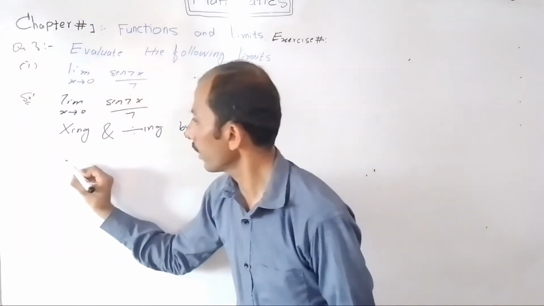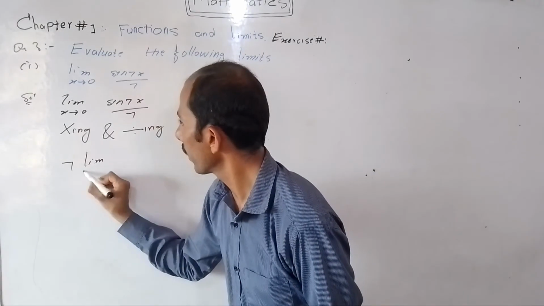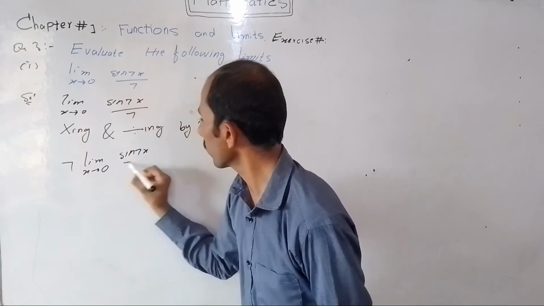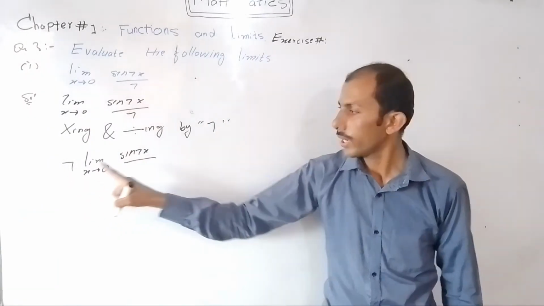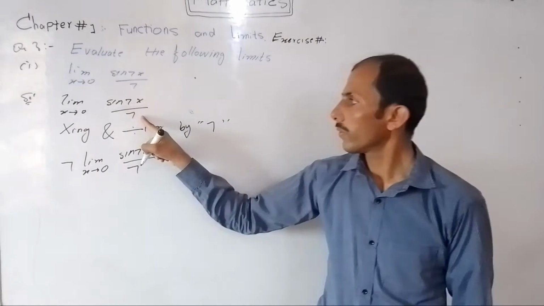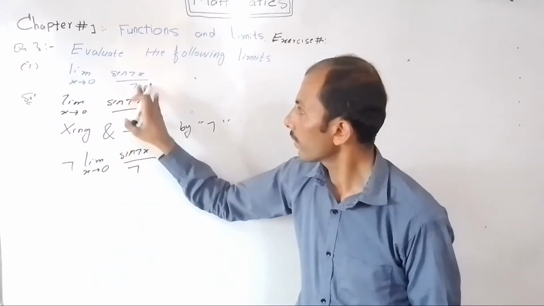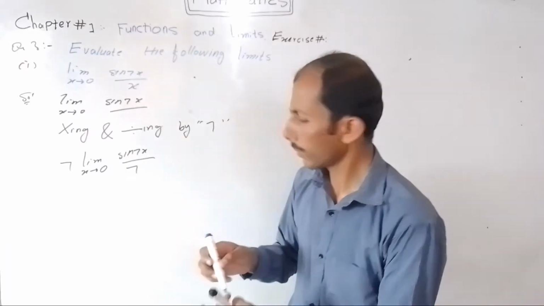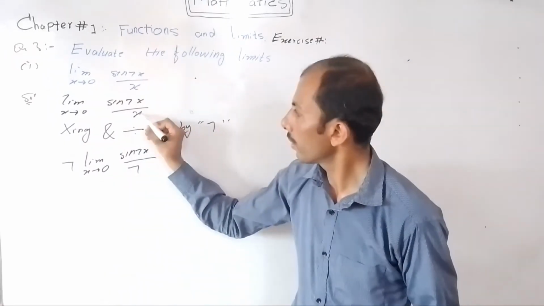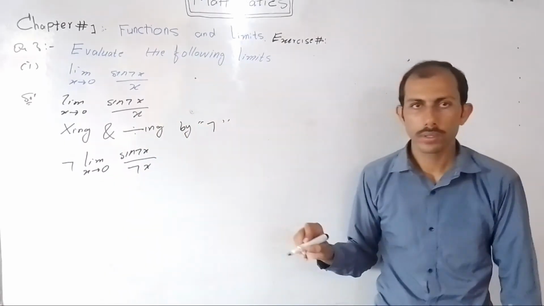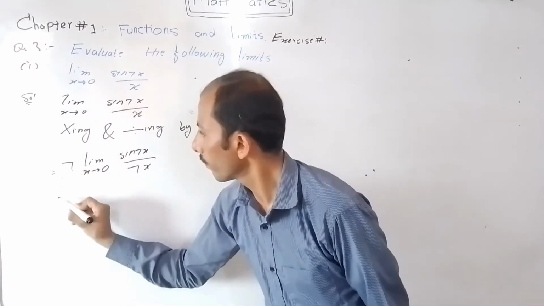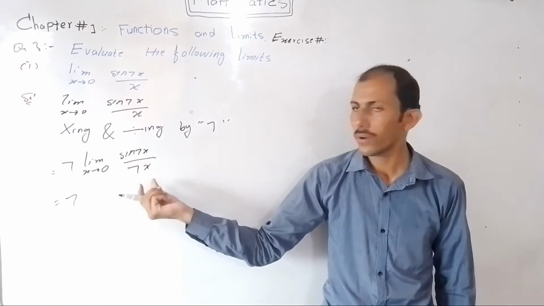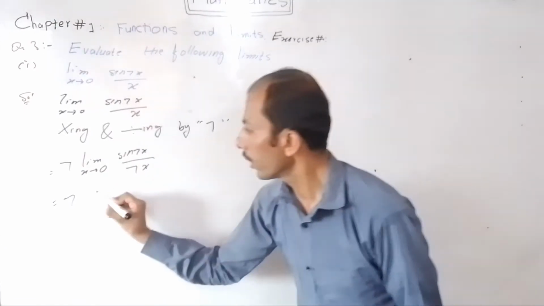So 7 limit x approaches to 0 of sin 7x divided by 7x, which is equal to 7 into 1.